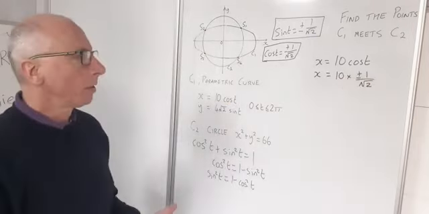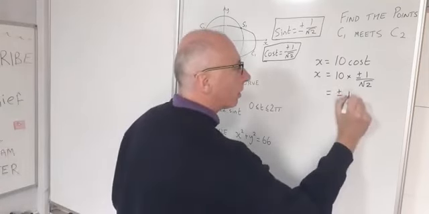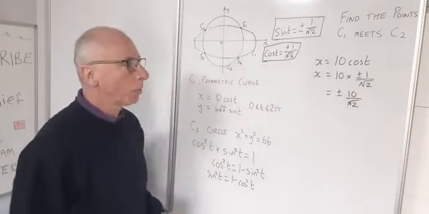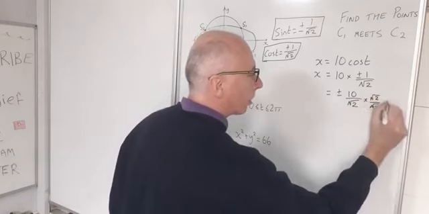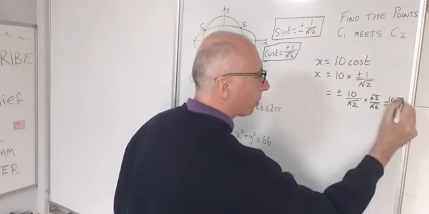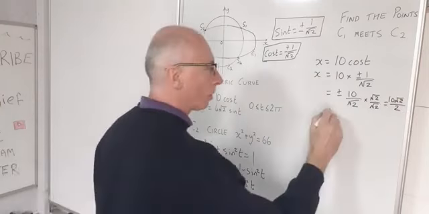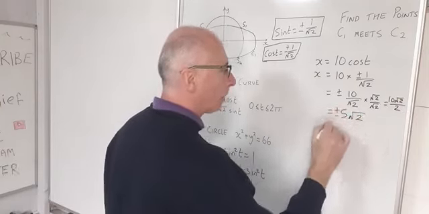Okay, so now simplify this off. I'll have plus or minus 10 over root 2. So let's multiply the top and bottom by root 2. So then that will give me 10 root 2 over 2, which will give me 5 root 2, and then that's plus or minus.